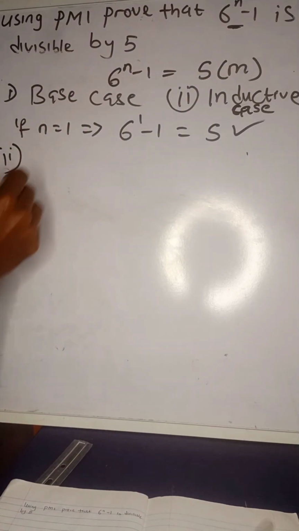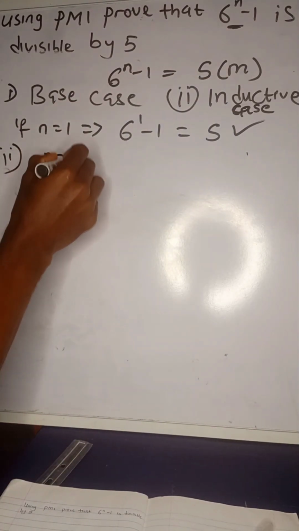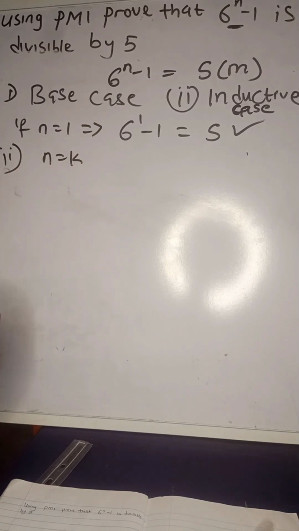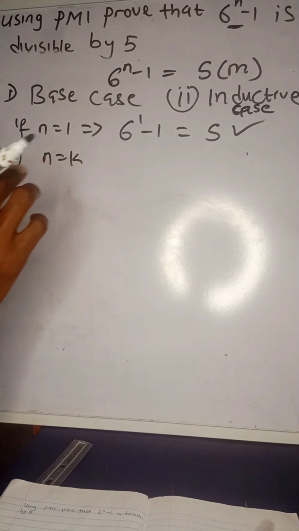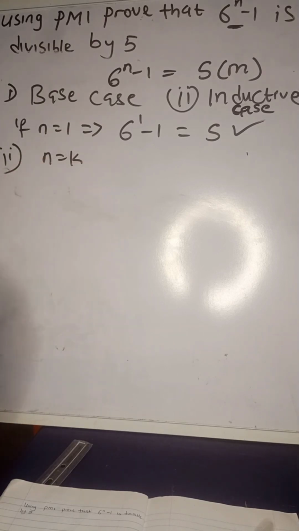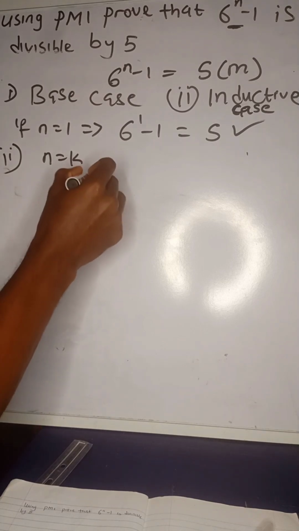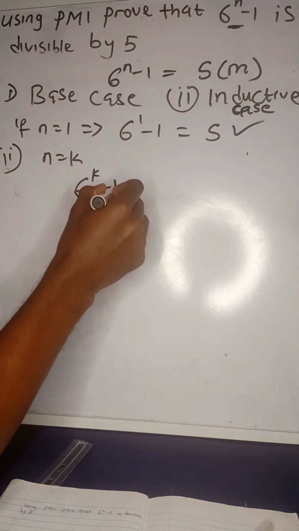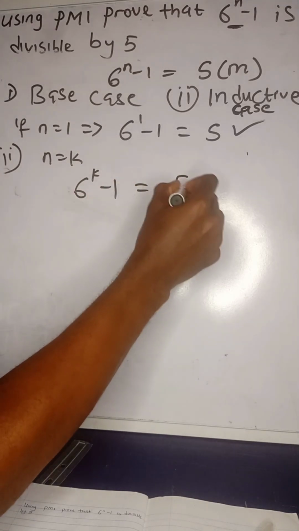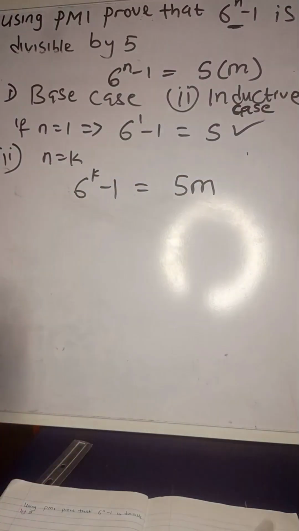So for the inductive case, we are going to have n equal to k, which is unknown. We don't know what n is. n here stands for any natural number, right? We don't know what it is. So we are going to substitute n with k: 6 to the k minus 1 is equal to 5m. Of course, we know that this k is unknown, right?